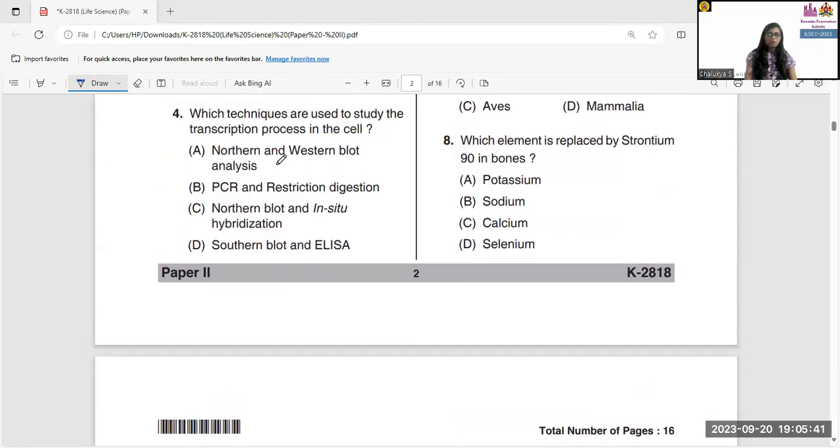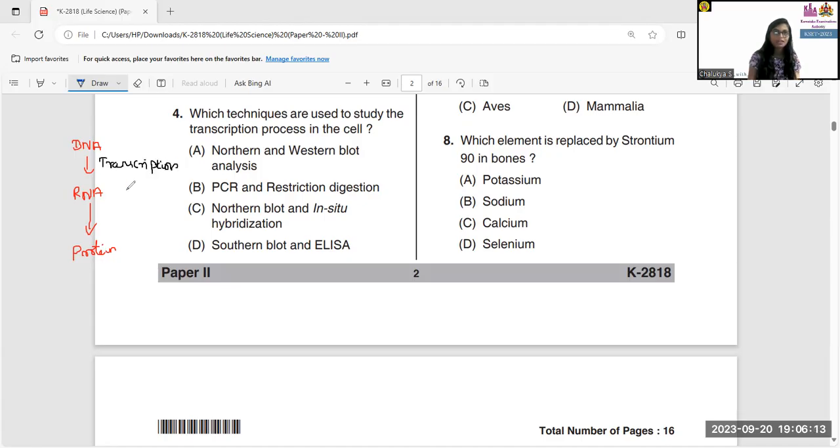Which techniques are used to study the transcription process in the cell? Just write down the central dogma of molecular biology: DNA to RNA, RNA to protein. The conversion of DNA to RNA is called transcription.